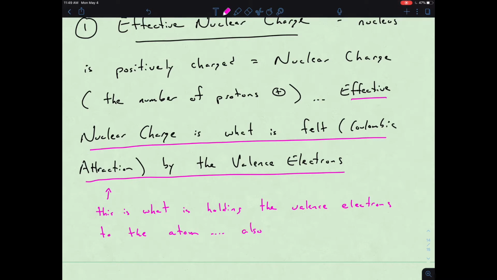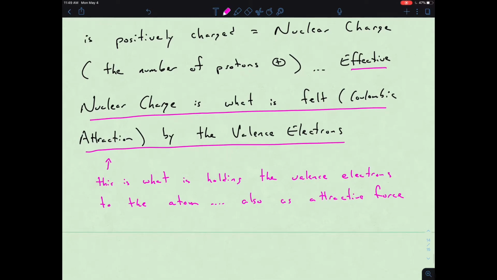Also, it could be viewed as an attractive force to get more electrons. So it's really this attractive force, and so we could think about it.